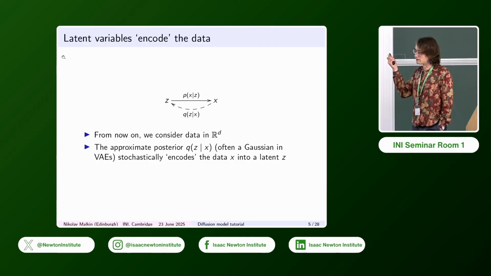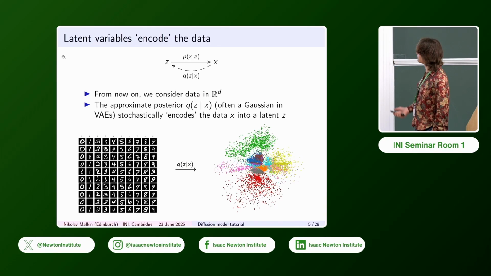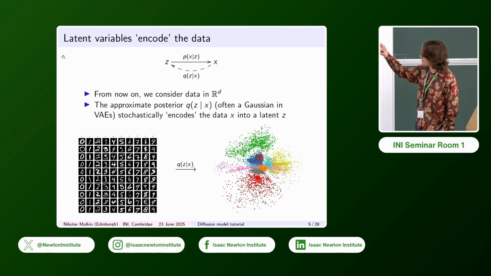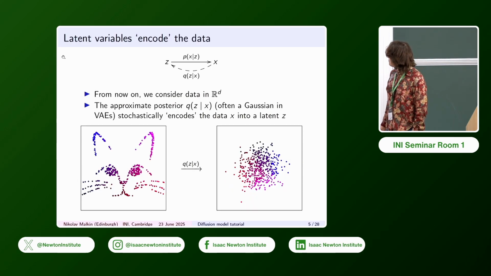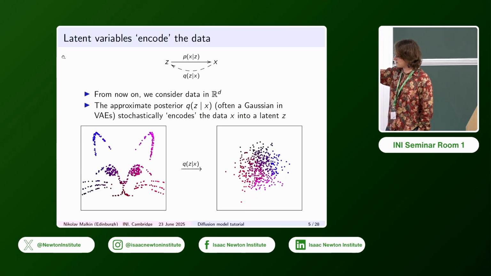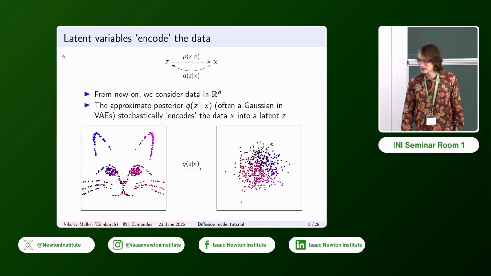So for example, in a variational autoencoder, the samples are represented in latent space in a way that meaningfully preserves some semantic information. Say here's a data set of digits, I fit a model with a two-dimensional latent on it, and you can see that the colors correspond to digit classes, so meaningfully clustered. Right. And a 2D data set, same thing.